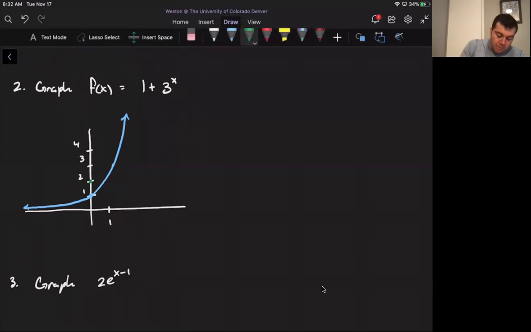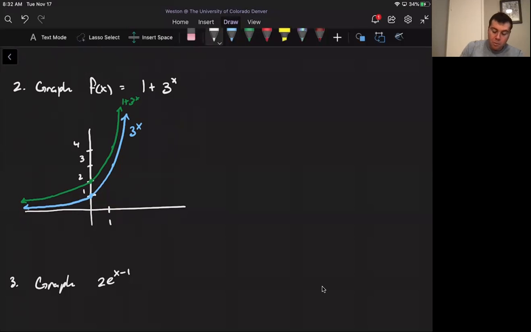So we'll update our important points, 0, 2, and 1, 4, and just sketch in the same curve, only shifted up. So that's 1 plus 3 to the x, and I'll label that. So there we go.